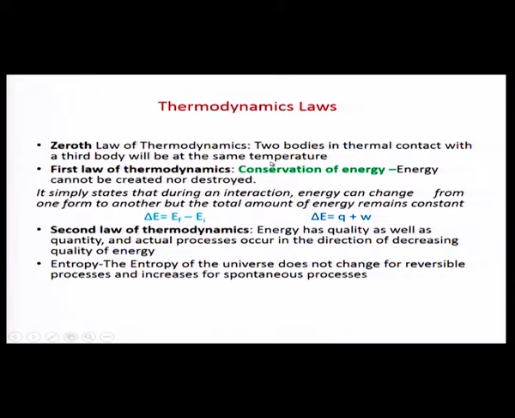So there are three systems, A, B and C. Out of these three, two are in thermal equilibrium, and if they are in contact with the third body, they will also be at the same temperature. This is called the zeroth law of thermodynamics, that is, two bodies in thermal contact with a third body will be at the same temperature. This deals with temperature equilibrium and is known as the zeroth law.